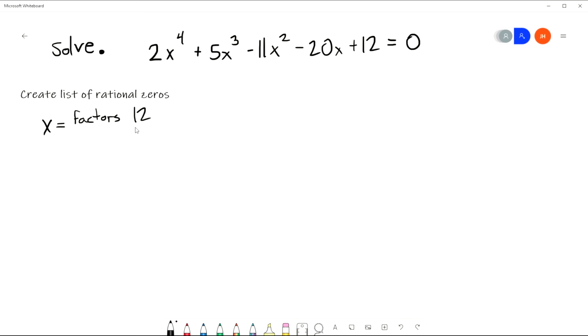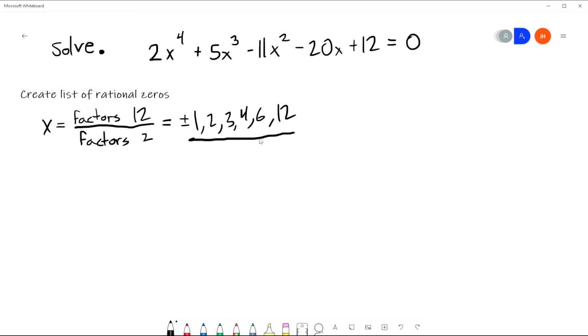Factors of 12 over the factors of the leading coefficient. So what would that be? It would be plus or minus the factors of 12, which are 1, 2, 3, 4, 6, and 12, all over those factors of 2. So that's plus or minus 1 and 2.